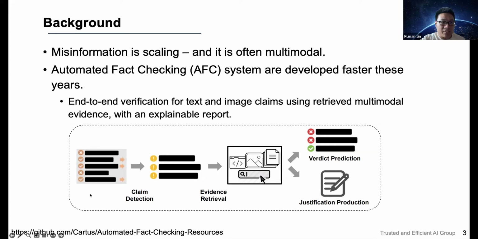For example, if we have a paragraph, then this kind of AFC system can break it into claims and check each claim based on evidence retrieval. It can retrieve from lots of places, which we will see some examples today. And then it will generate a report to say, for each atomic claim, whether it is true or false, and optionally it can have a justification.